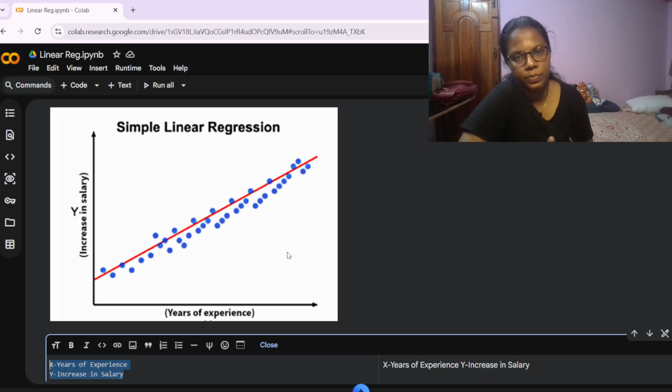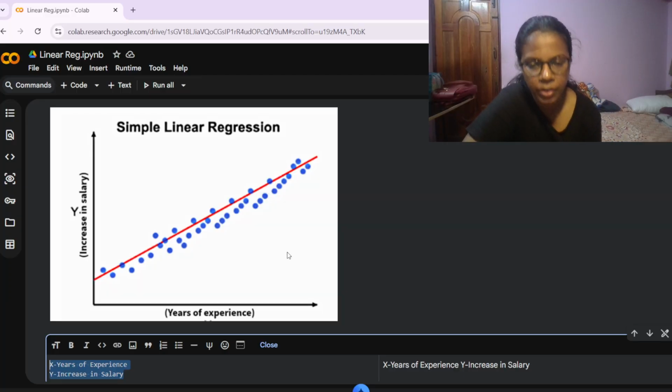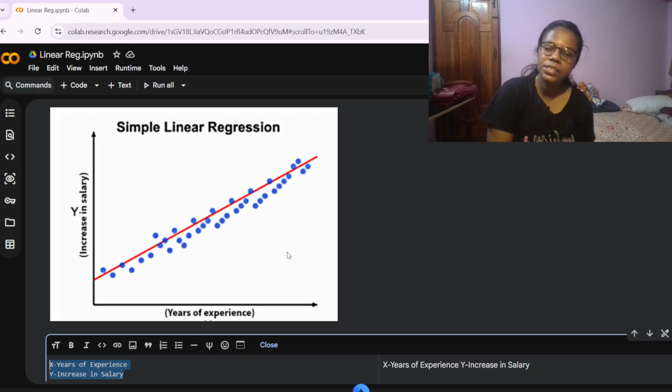These two values are directly proportional. That exactly is called a linear relationship. If a value increases, then the other value is also going to increase. If the value decreases, the other value is also going to decrease.